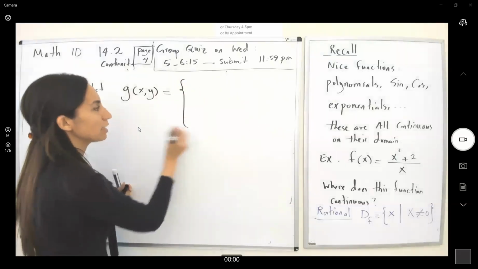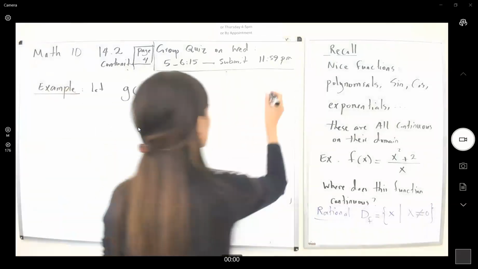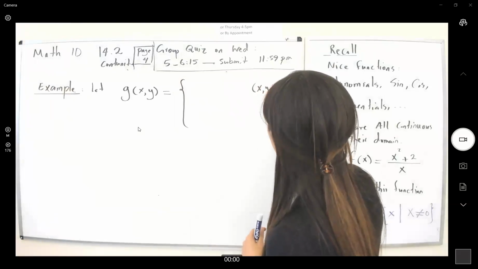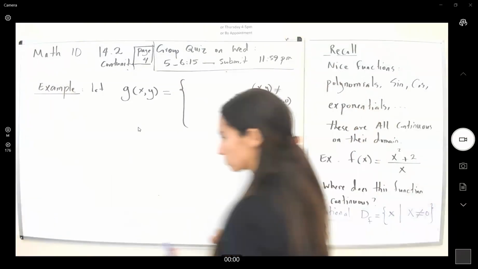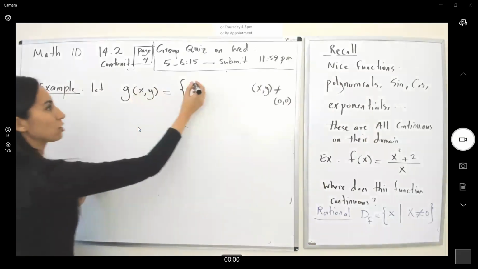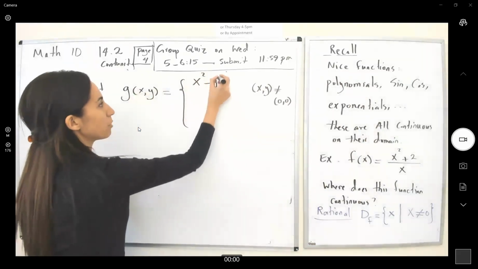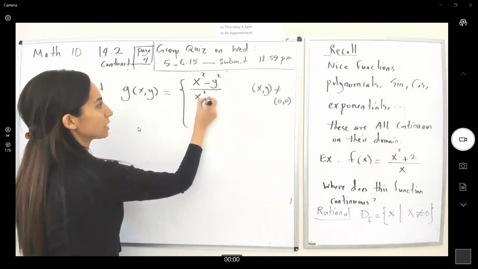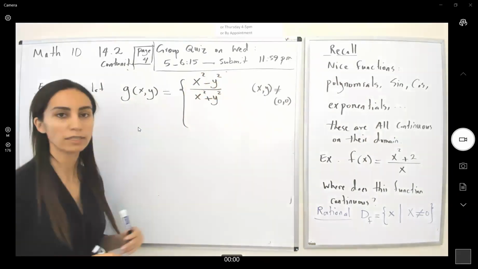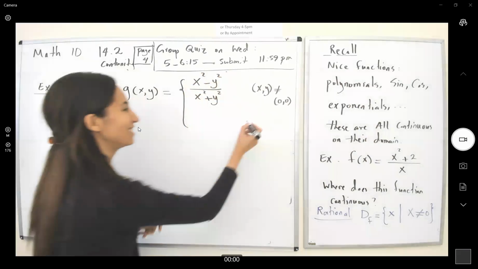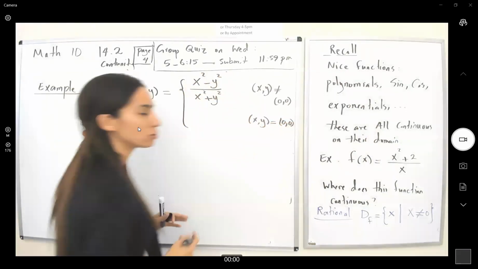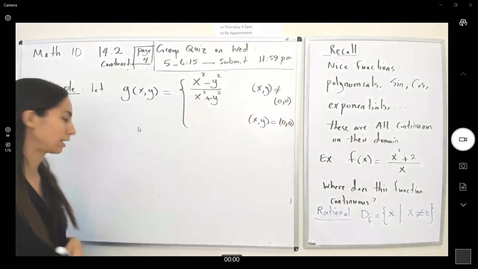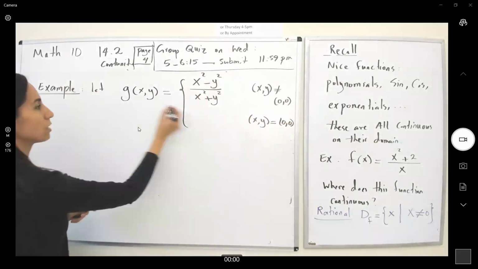If x and y is not at the origin, then I have this rational function, x squared minus y squared divided by x squared plus y squared. And if x and y is equal to 0, I'm going to define it to be a constant, which in this case is 0.